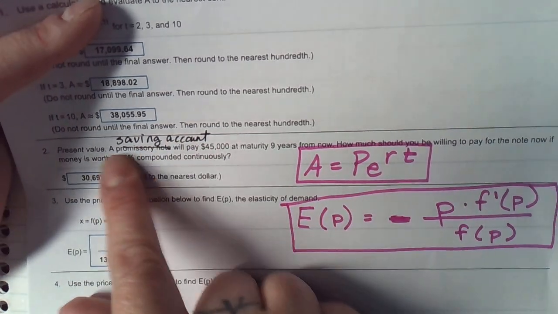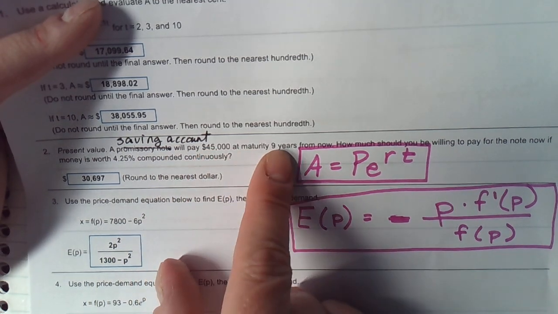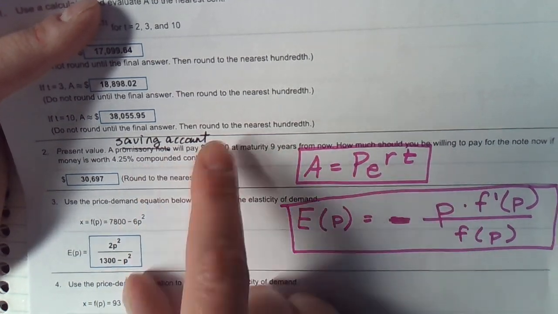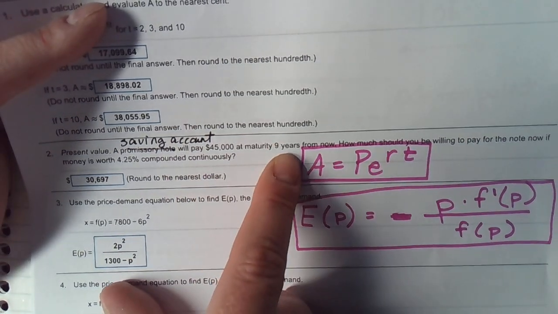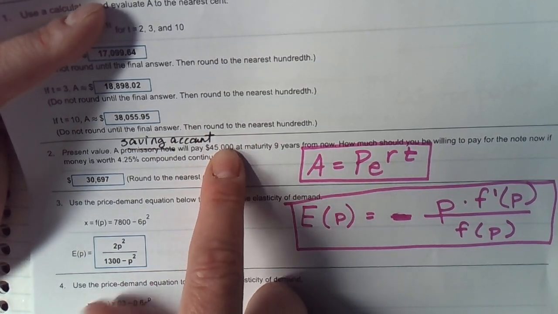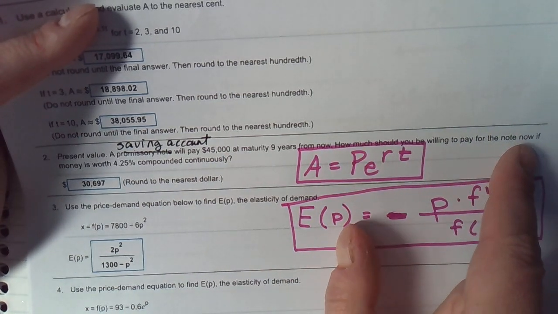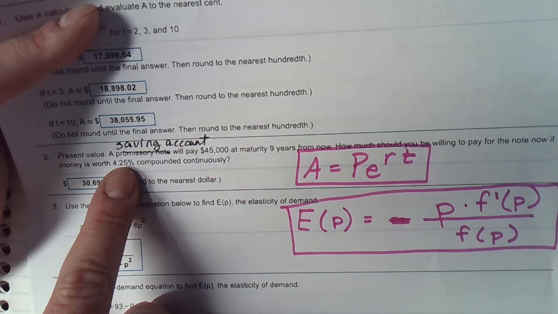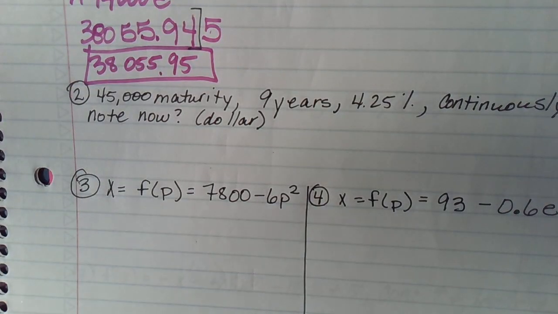So let's say that this account will have $45,000 at maturity 9 years from now. So that means I put money into the account today, and 9 years later, I have $45,000. Oh my gosh. And it says, how much should you be willing to pay for the note now if the money is worth 4.25% compounded continuously?